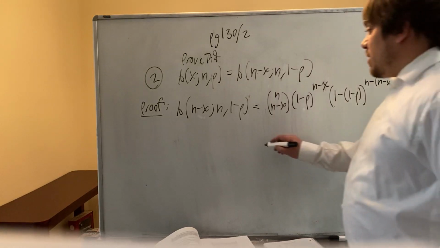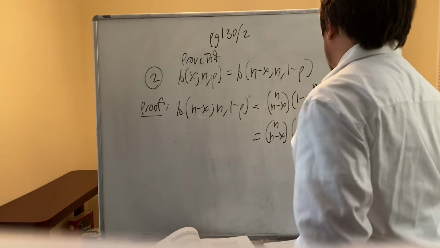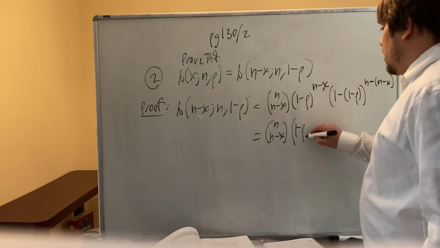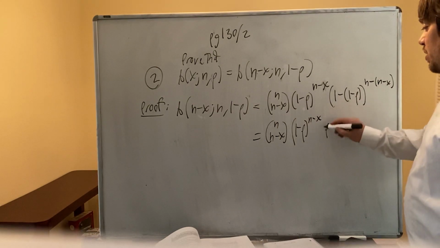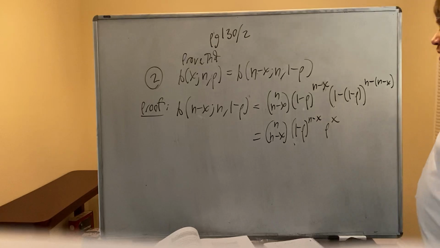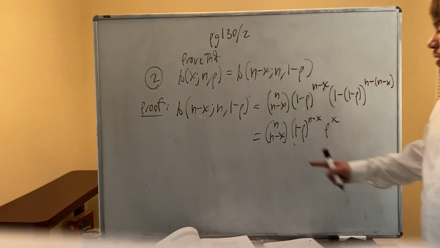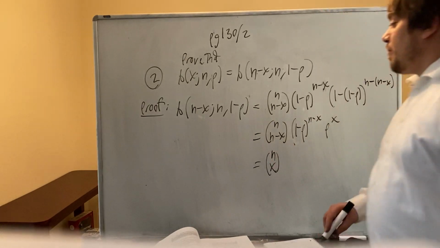Okay, so let's simplify this. This is n choose n minus x times 1 minus p to the n minus x times 1 minus (1 minus p) is p. That's p raised to n minus (n minus x), which is x. And so you get that. Now n choose n minus x is the same as n choose x.